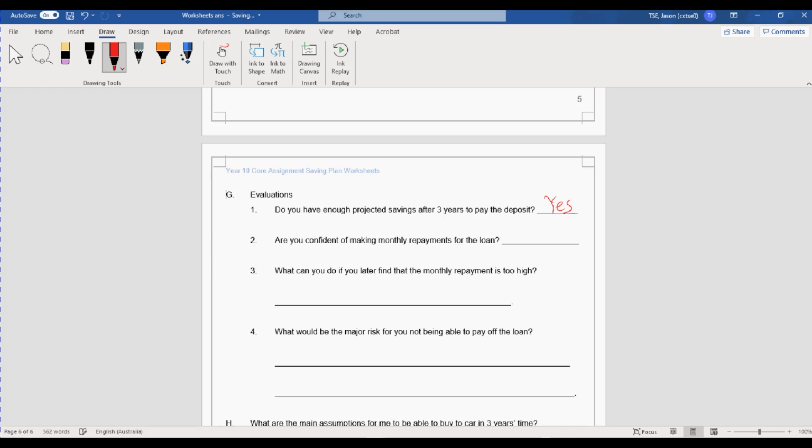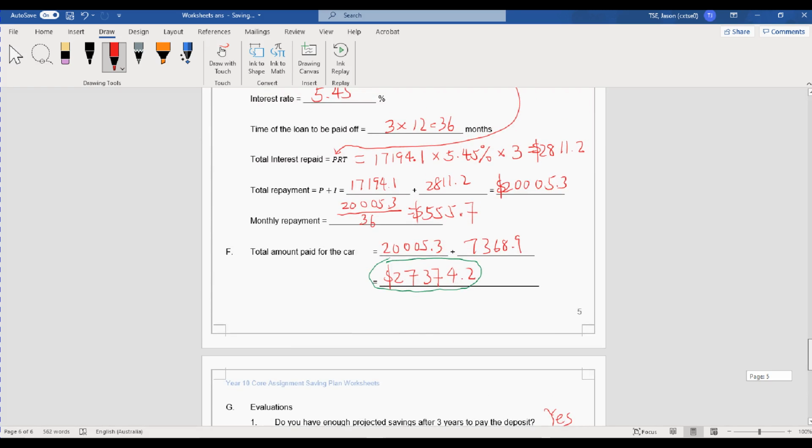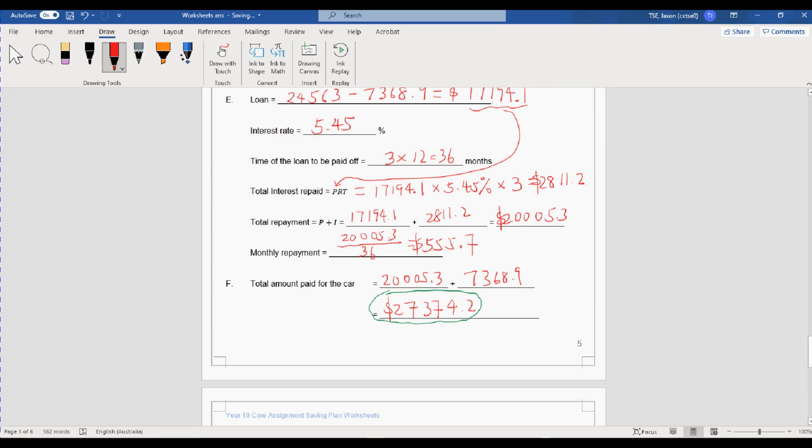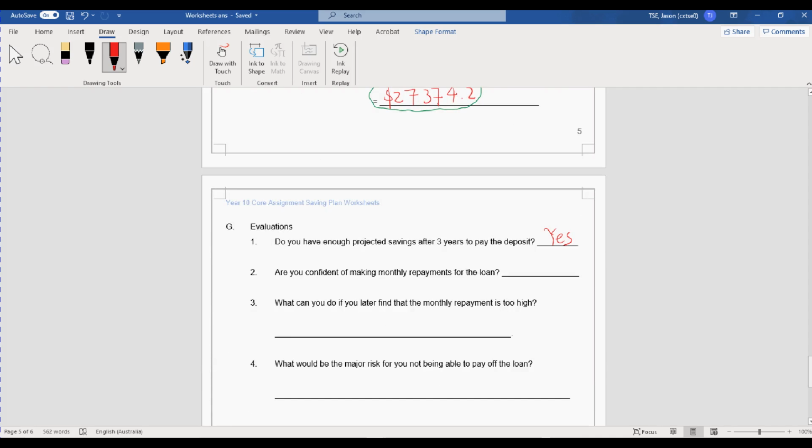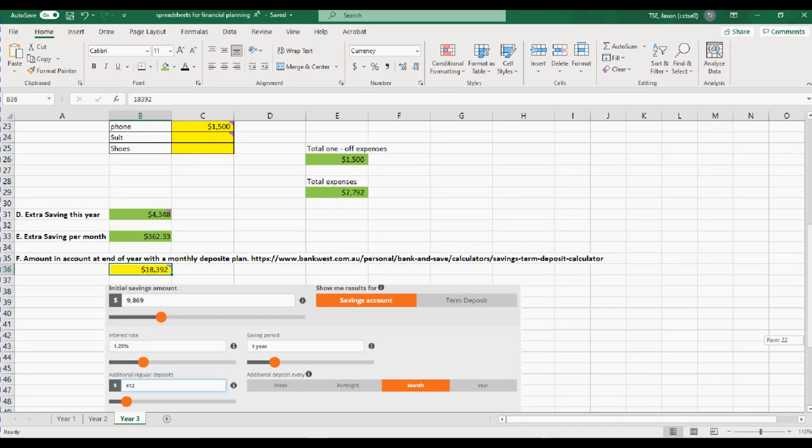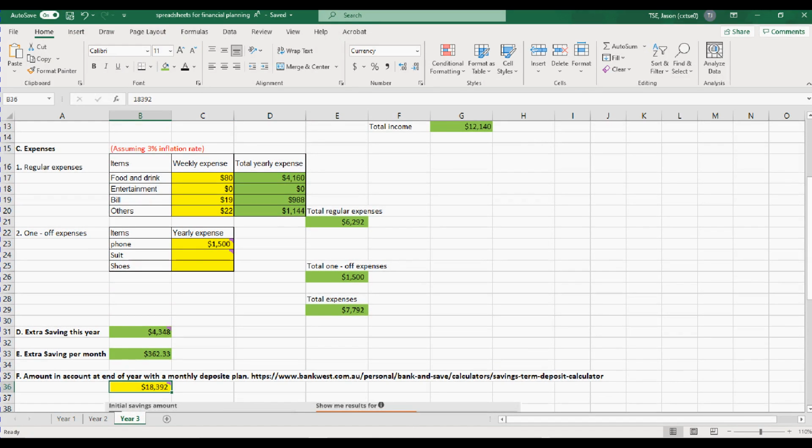Are you confident making monthly repayment for the loan? So you see, the monthly repayment is this number, about $555. Do you have enough money? You might go back to see your extra saving each month.